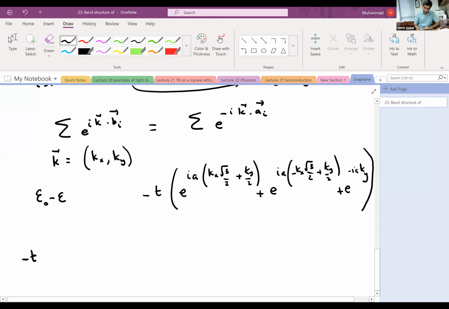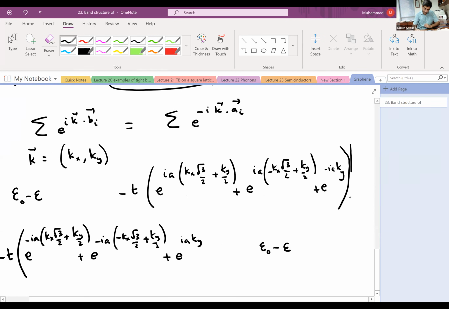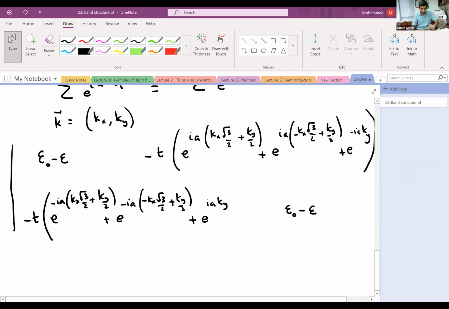So if I write down the complex conjugate of this term, I'll get e^(−i a kx √3/2 ...) plus e^(−i a (−kx √3/2 + ky/2)) plus e^(i a ky), and epsilon naught minus epsilon. I need to find out the determinant of this, and I need to equate this to 0. This is my characteristic equation here.